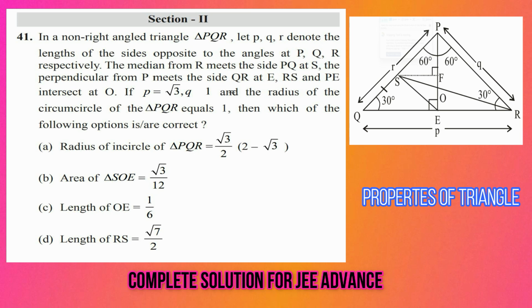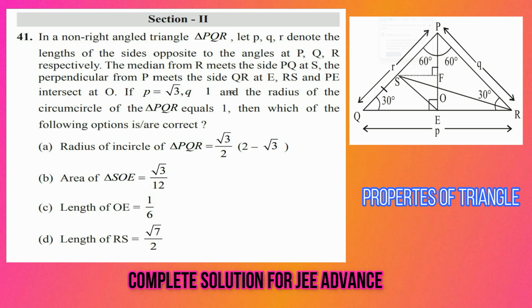We will plot this given data, because once we plot everything in our triangle, it is easier to visualize. Here the value of p is given as √3 and q is given as 1. So two sides are given, and we have to find the third side in our triangle.